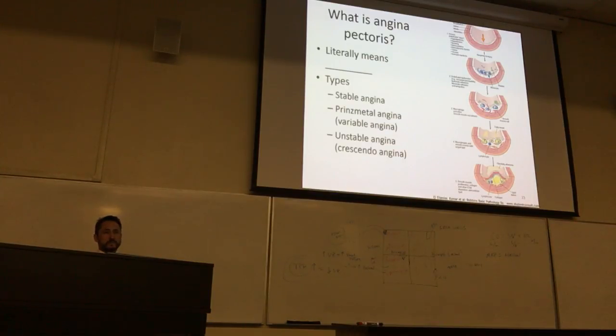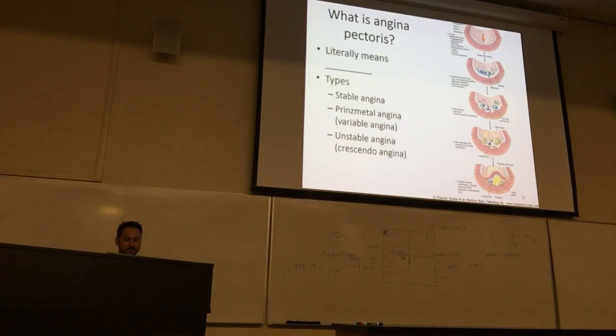Stable angina is pain when the patient exerts energy, like going upstairs, climbing a flight of stairs, or exercising on a treadmill at the gym. New Year's resolutions come around, they decide they're getting in shape, and then they have chest pain on the treadmill. That's stable angina, and it's only when they exert themselves.